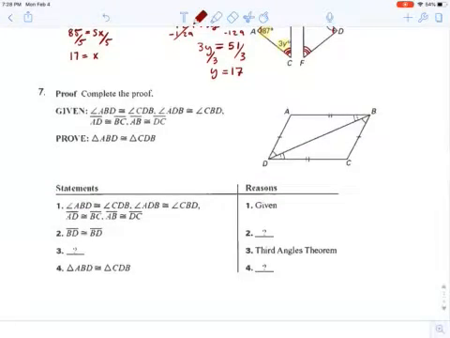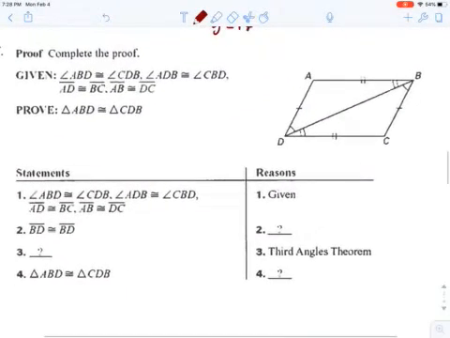So here we have a proof. It says, given that angle ABD is congruent to angle CDB, this angle right here, and angle ADB is congruent to angle CBD, this angle right here, and AD is congruent to BC, and AB is congruent to DC.